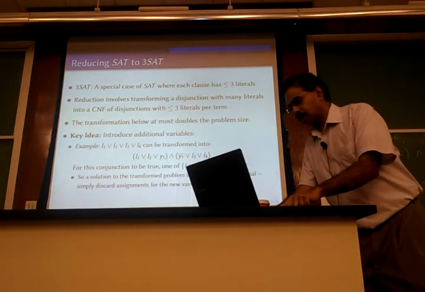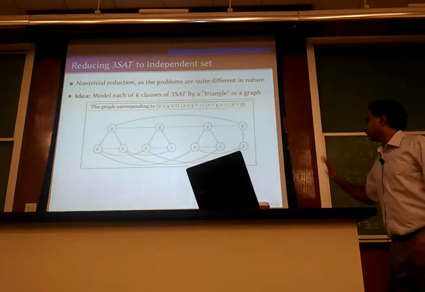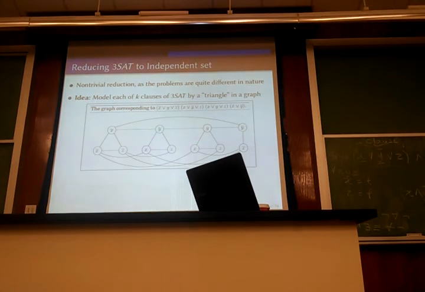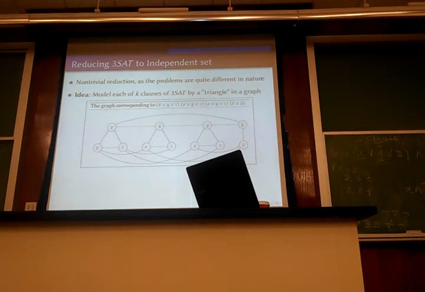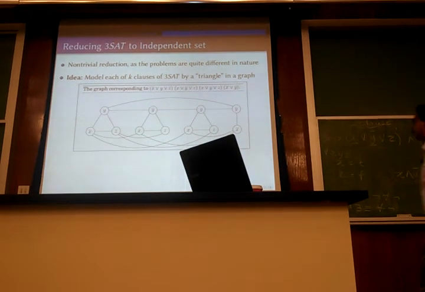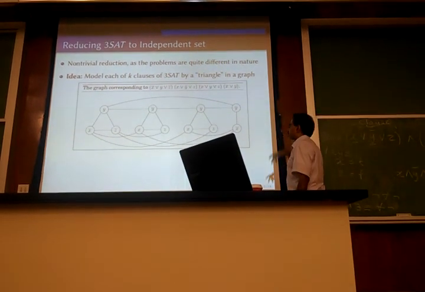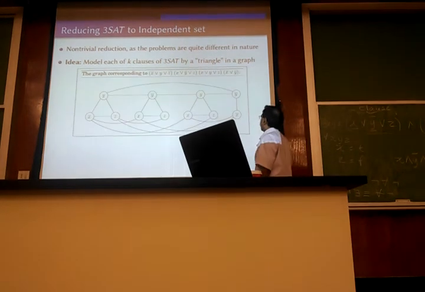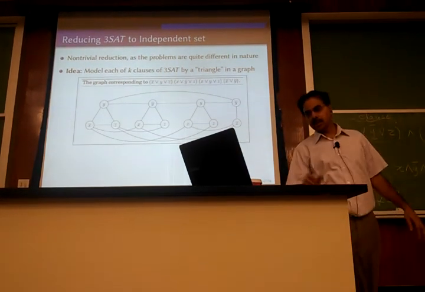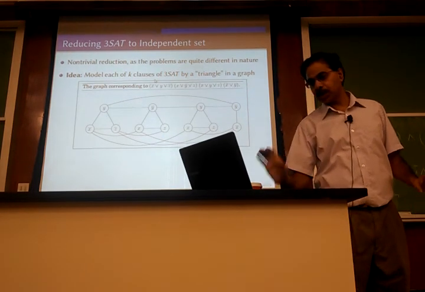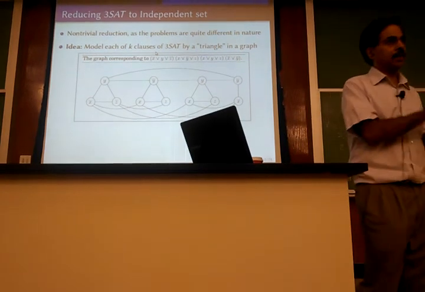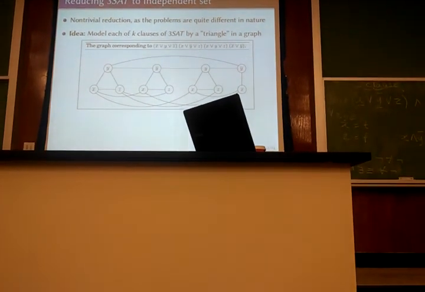What that allows us to do is to take an instance of 3SAT and construct the graph in some simple way. We want to show that independent set is NP-complete, which means that we have to take 3SAT and reduce it to independent set.